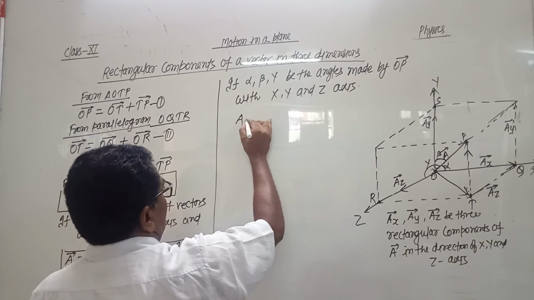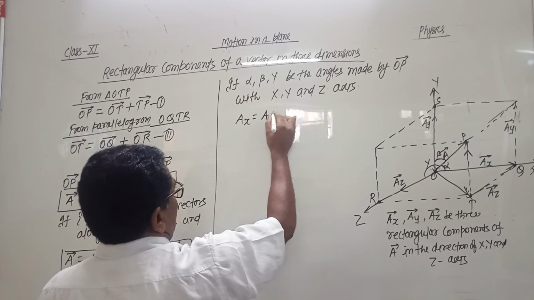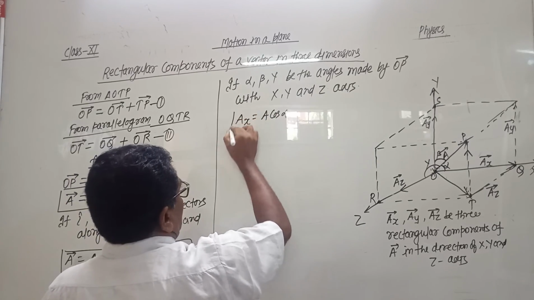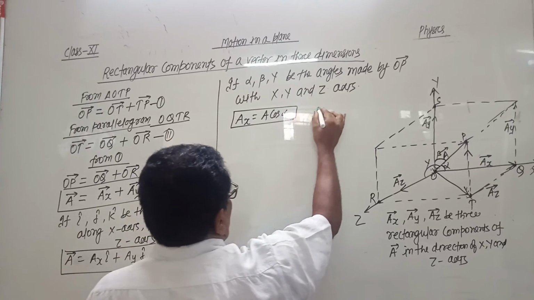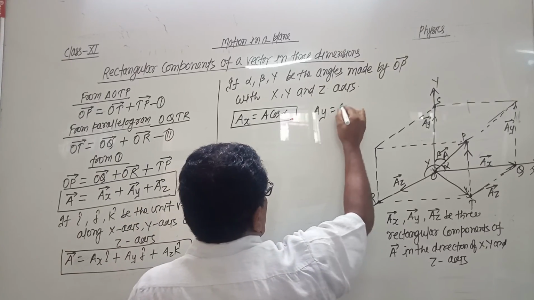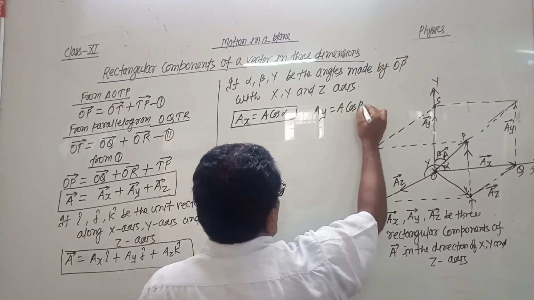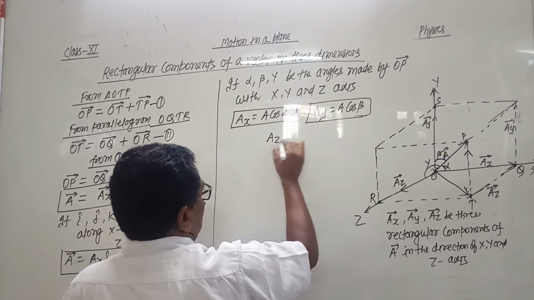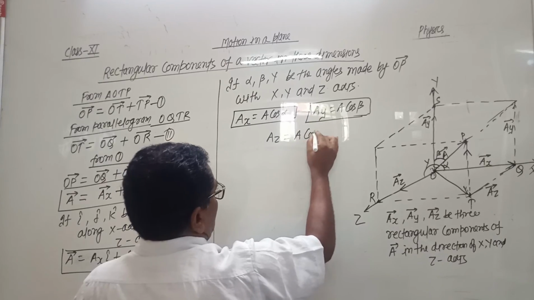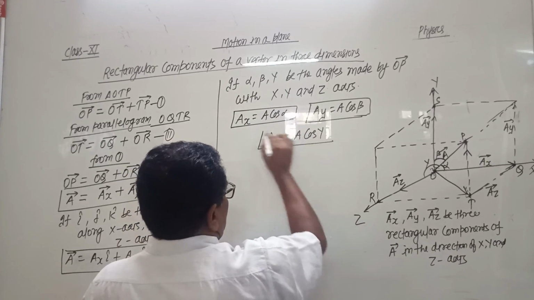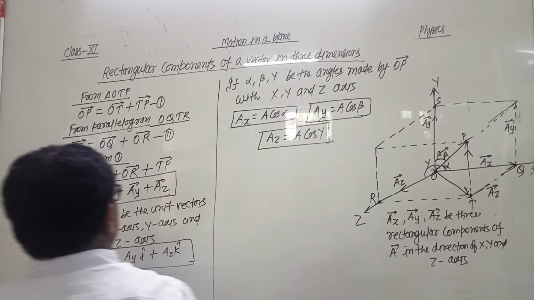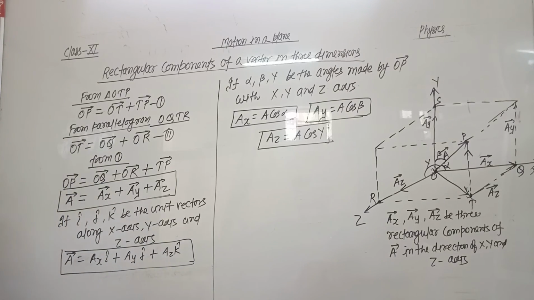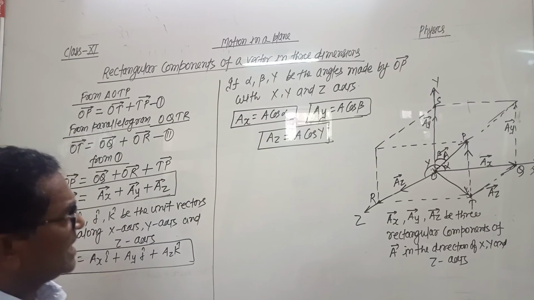The value of AX equals A cos alpha, the value of AY equals A cos beta, and the value of AZ equals A cos gamma. So these are the rectangular components AX, AY, AZ in terms of the angles alpha, beta and gamma.